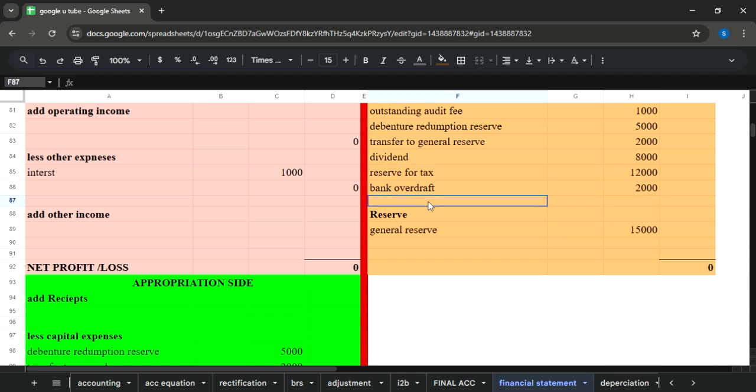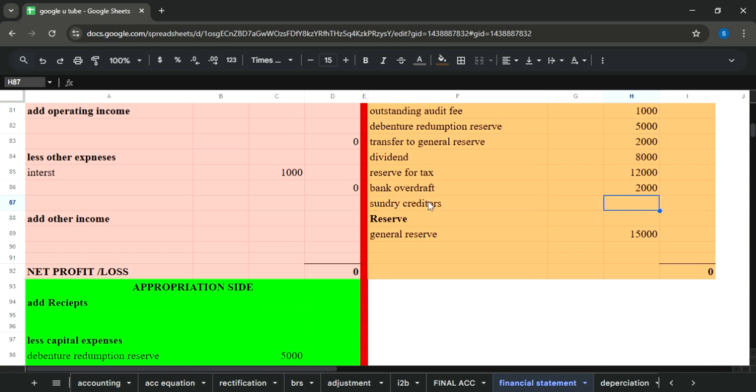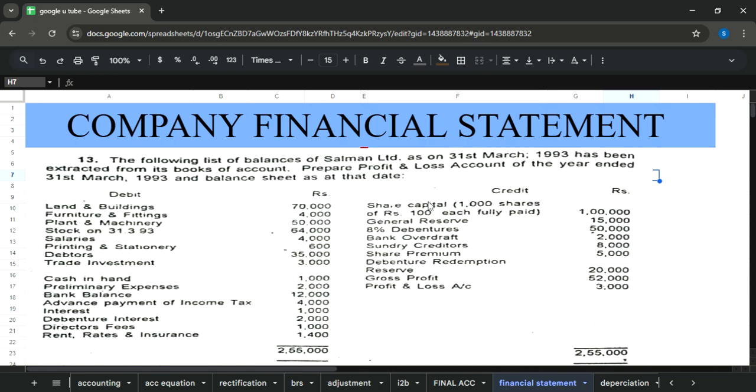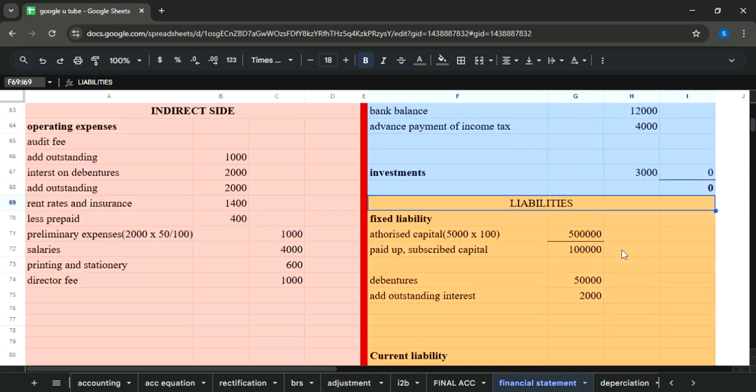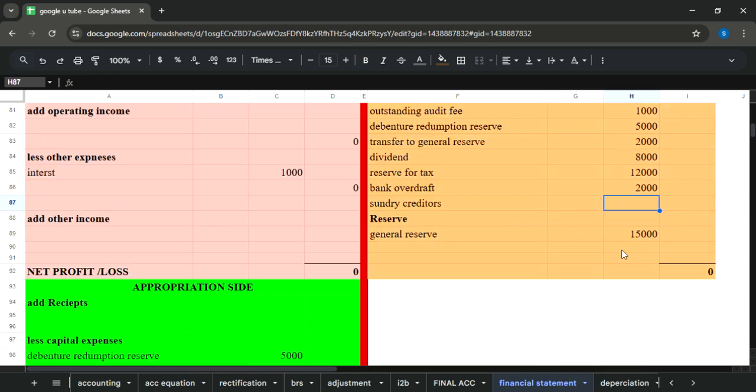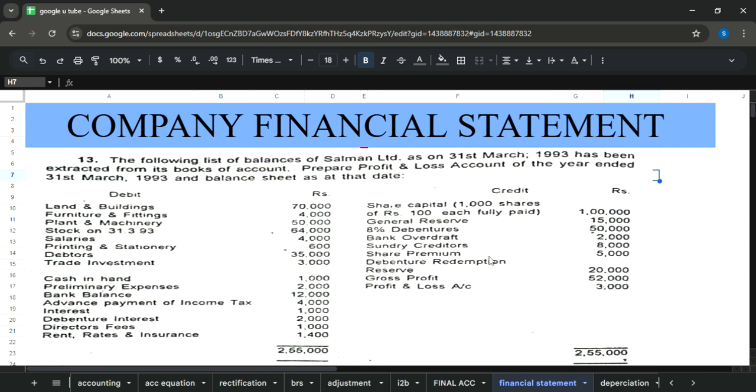Again, same place. Sundry creditors, and the amount of sundry creditors is 8,000, because there is a little distance between title and amount.